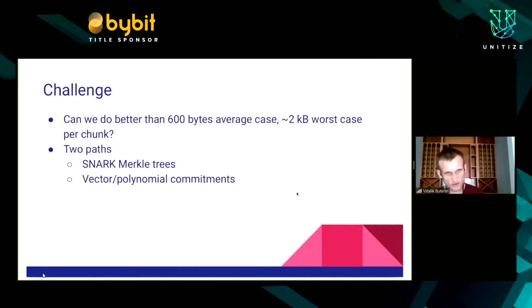The first path is fairly easy to explain. It basically says that, okay, you imagine you have a witness that contains all of these Merkle branches, and you're just going to create a snark or a stark that proves that there exist Merkle branches for a bunch of values. So instead of providing Merkle branches directly, we provide a proof that just proves that these Merkle branches exist.